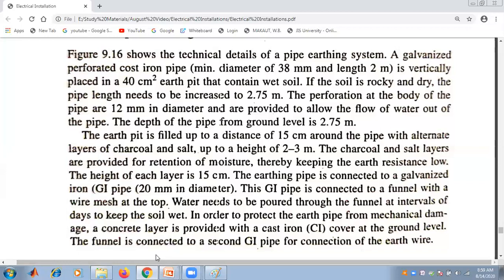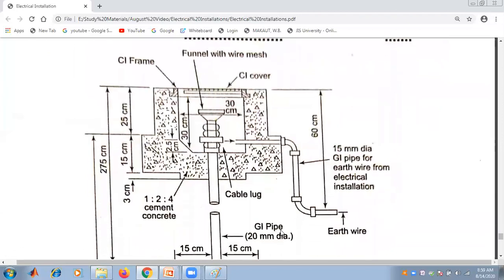This funnel is connected to a second GI pipe for connection of the earthwire. So this is the general pictorial view of the pipe earthing diagram.